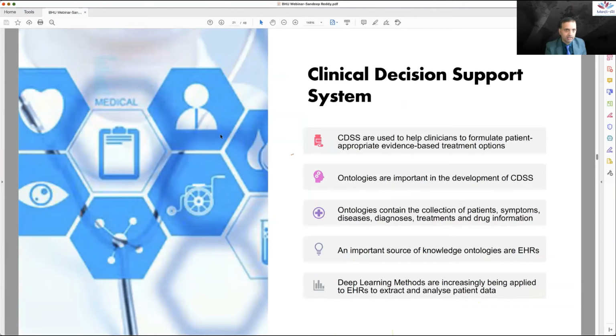The next area I would like to focus on is the clinical decision support system. What is a clinical decision support system? It's a computer or software that is used by doctors or healthcare professionals to help them with the treatment and management of patients. Even before AI, there were other kinds of clinical decision support systems used by doctors.